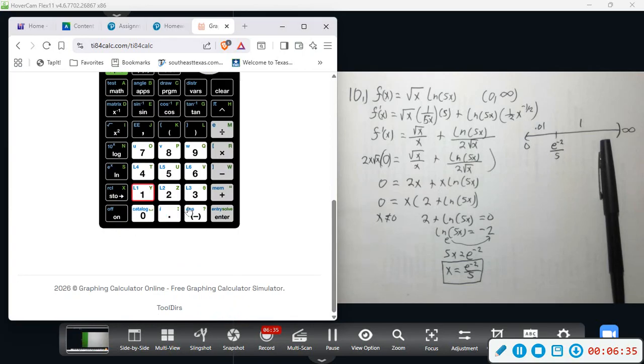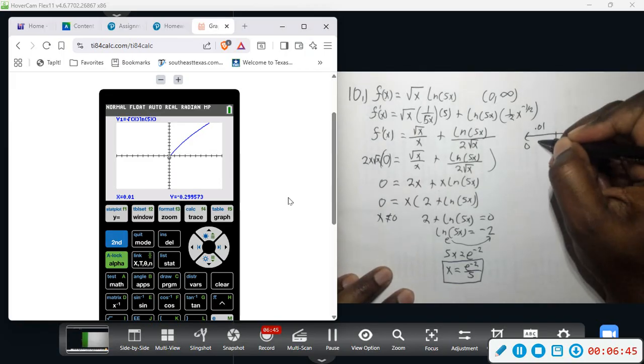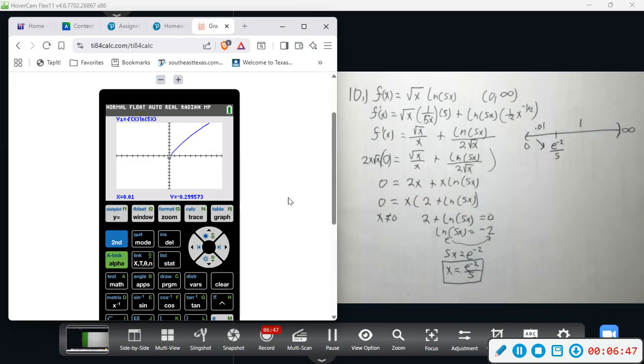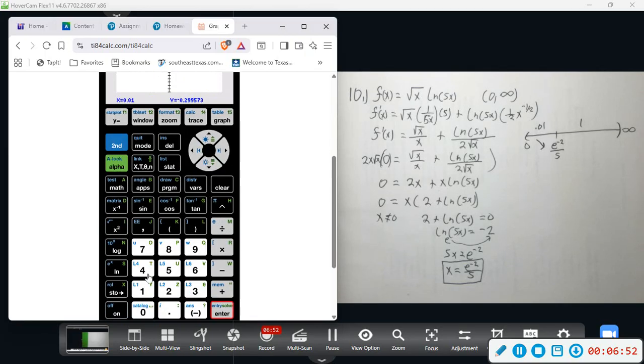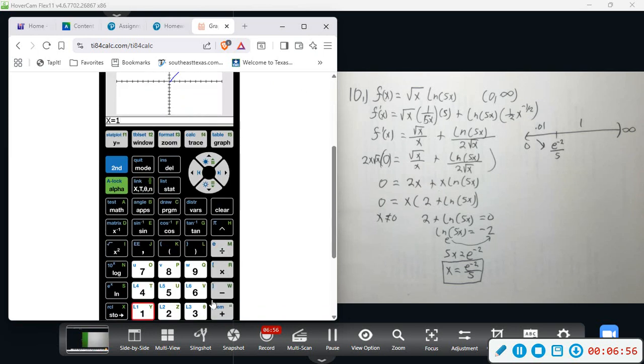That's going to be my first test value. 0.01 gives me a negative, negative 0.0299, whatever. But I'm really concerned with the sign, so this section is decreasing. And then on the other side of that, I'll just type in 1. So this is plugging that into the function and giving me a y value.